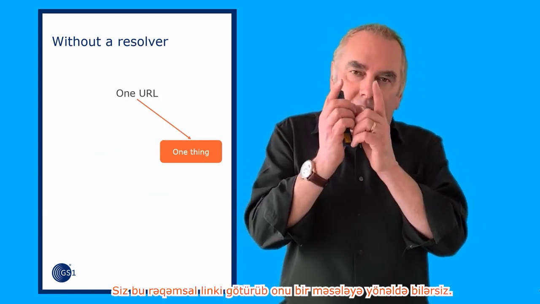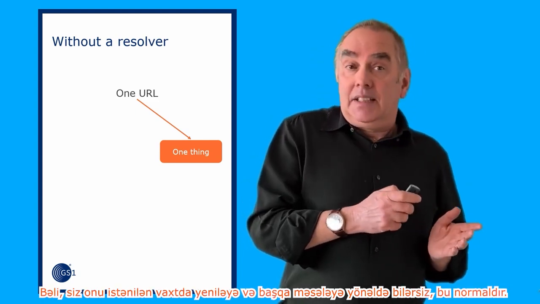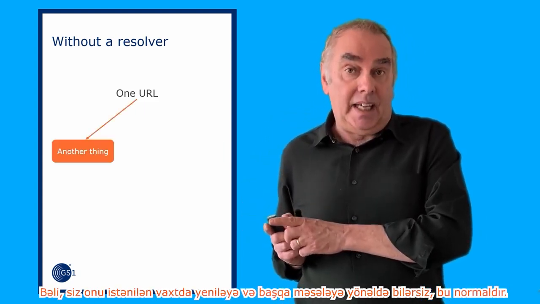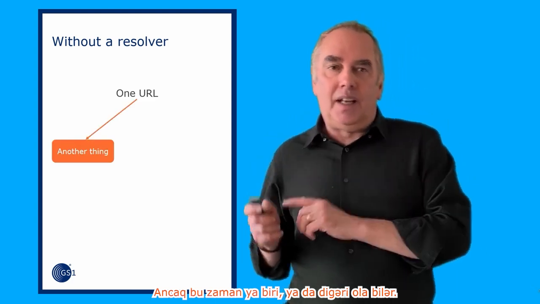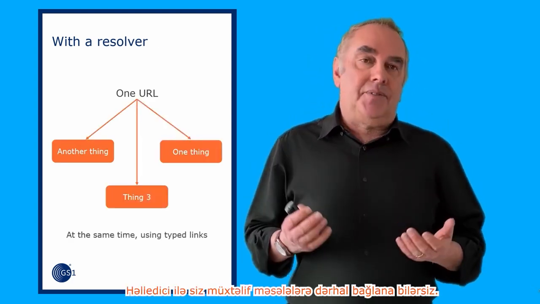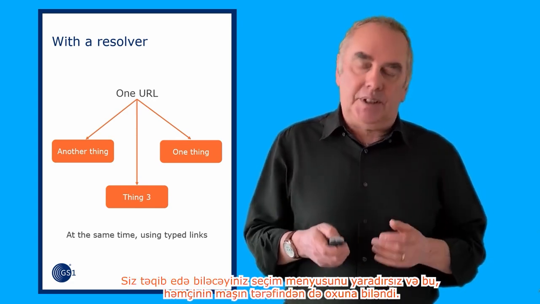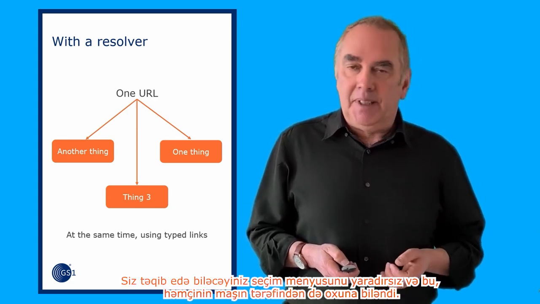You can take that digital link and redirect it to one thing. Now, you can update that anytime and redirect to another thing, that's okay, but it's always either one or the other. With a resolver, you can link to lots of things all at once. You actually create that menu of options that can be followed, and it's also machine readable.